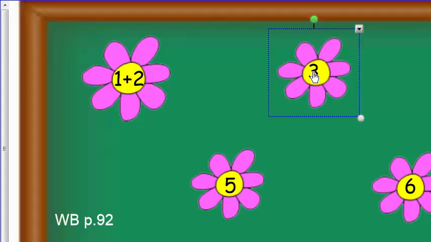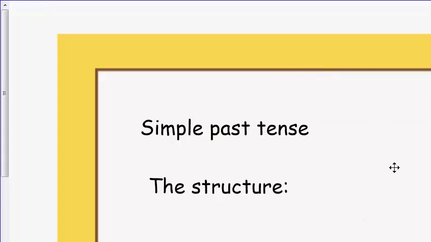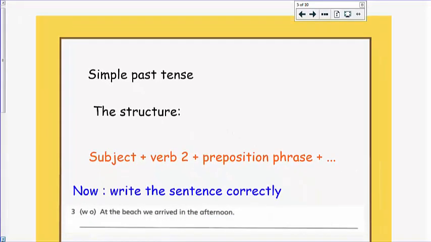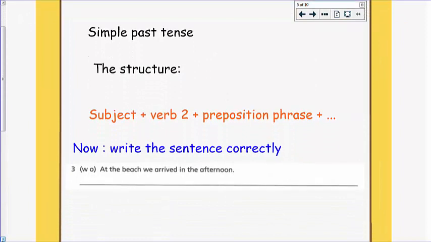Number 3. Here we have a sentence with simple past tense. The structure will be subject, verb 2, preposition phrase. Preposition phrase means you have a preposition and a noun, for example, at school, in the evening, in the afternoon.